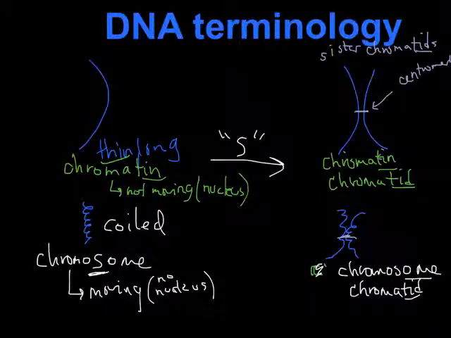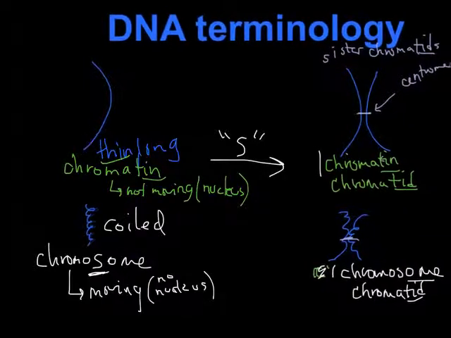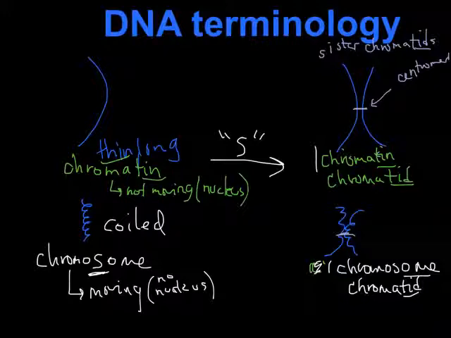Not too bad. Here's where it gets a little tougher though. This right here is one chromatin. This right here is one chromosome because I can pick that up and move the whole thing around because it's got a rubber band on it and it wouldn't come apart.